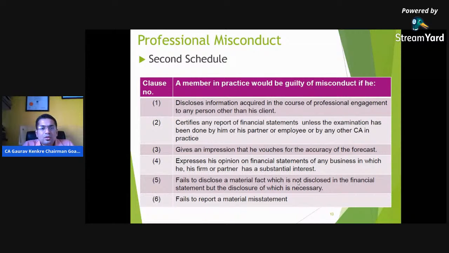You may start mixing your personal and professional relationship, and this is where you will typically end up conducting some kind of professional misconduct, because you will probably turn a blind eye to certain legal issues, or you may ignore some of the mistakes he has made just because he's a friend or a known person to you. This kind of conflict has to be avoided at any cost.